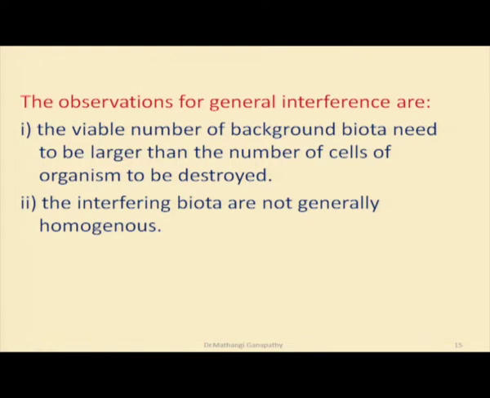Here I said that the general interference will work if you have a large number of the background microbiomes which in turn can inhibit the lesser number of the spoilage or the pathogenic organisms. So, that ratio has to be maintained, a large number of microbes targeting a smaller amount of either spoilage organisms or the pathogenic organisms.